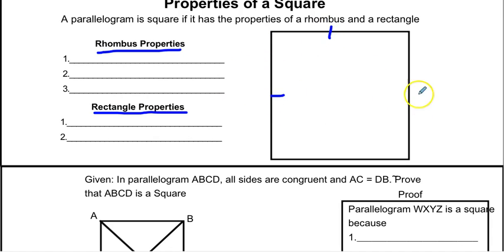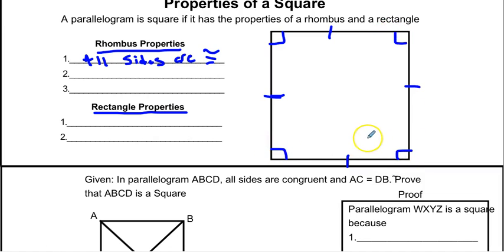Most obviously, you learn this all throughout your life, that in a square, all sides are congruent. All sides are the same. That's actually a rhombus property. No one knew that it stole it, but it did. See, it's like a little rectangle-rhombus baby. Now, the other thing you might know is that all the angles are 90 degrees in a square.